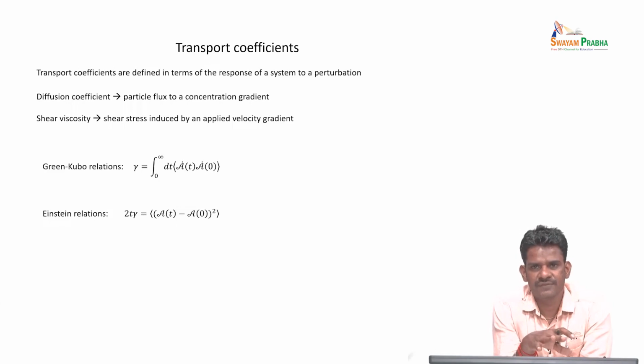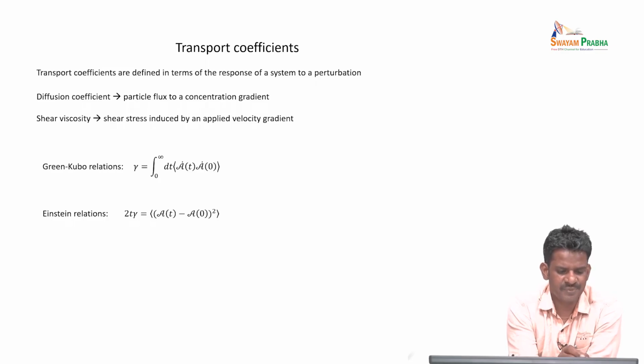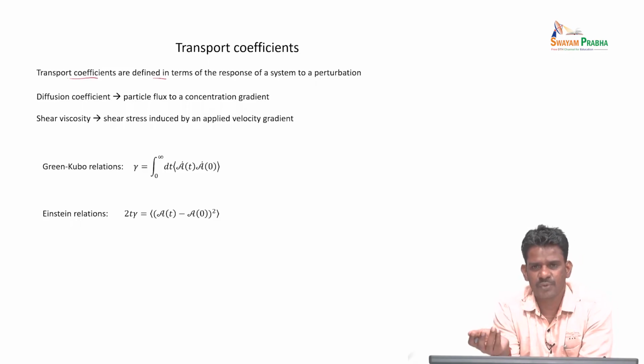Now, all this introduction that we talked about for time correlation functions is because we wanted to relate this to certain transport coefficients. And this is possible because the transport coefficients can be mathematically related to how the system responds to a small perturbation, and the response of the system to a perturbation is captured in the time correlation functions.